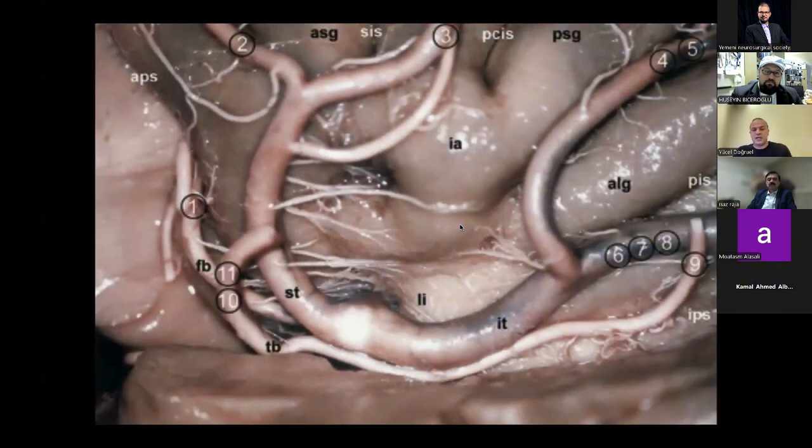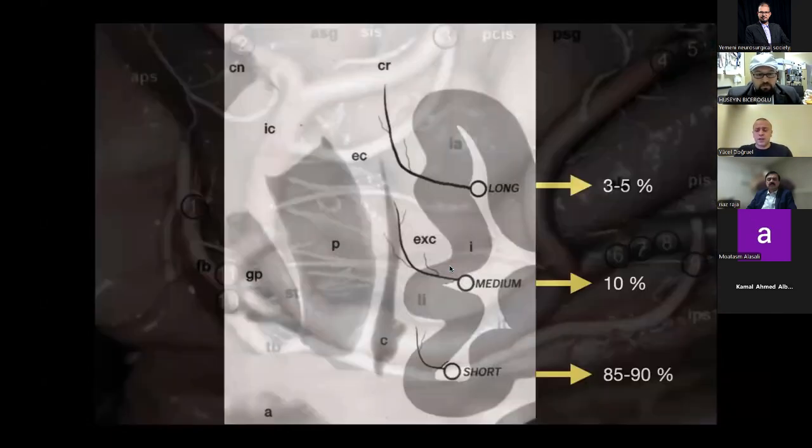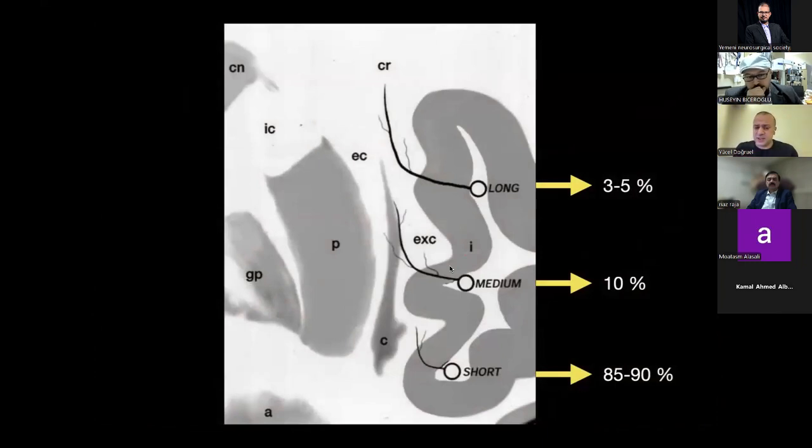Also, sometimes branches of the superior or inferior trunks can directly send branches to the insula. So in an analysis, about 85 to 90% of the insular supplier arteries from M2 are short, and they supply the insular cortex and sometimes the extreme capsule just beneath the insular cortex.